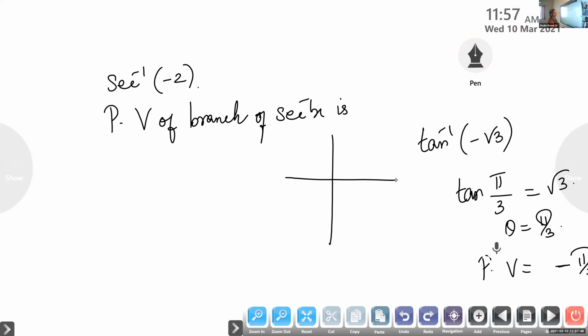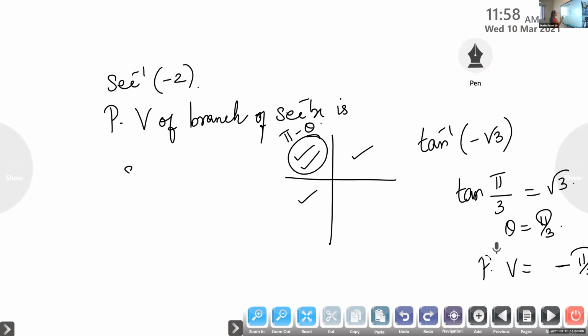Second and third. Sec is negative, so second and third. And the principal value branch of sec is 0 to pi. So what is the common thing you are getting here? Second quadrant. So it is pi minus theta.